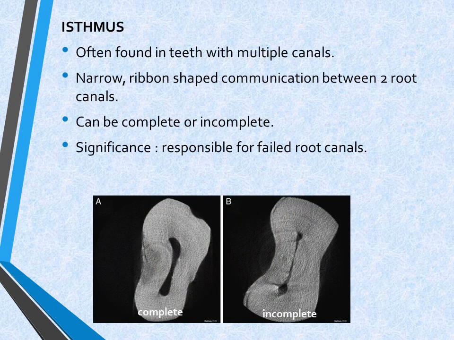Now, the isthmus is often found in teeth with multiple canals. We generally appreciate it really well when we deal with the maxillary first premolar. It is a narrow ribbon-shaped communication between the canals, and the significance is that if you leave behind the isthmus, that means if you don't do your de-roofing properly and you just expose the orifices on the buccal and the palatal side, for example, in the maxillary first premolar, and you do not de-roof properly in the junction between the orifices, you will leave behind a ribbon of necrotic pulp tissue.